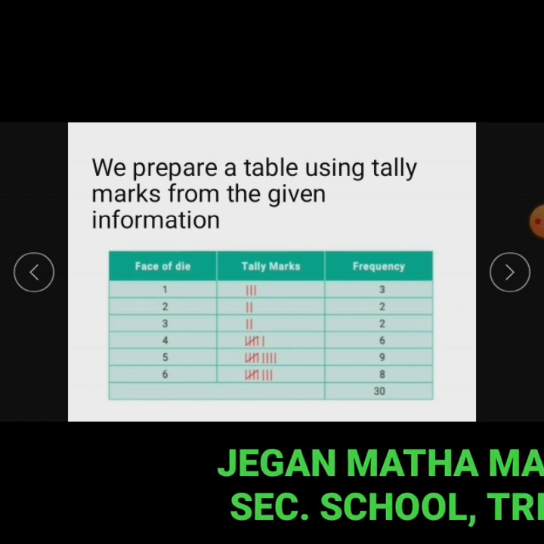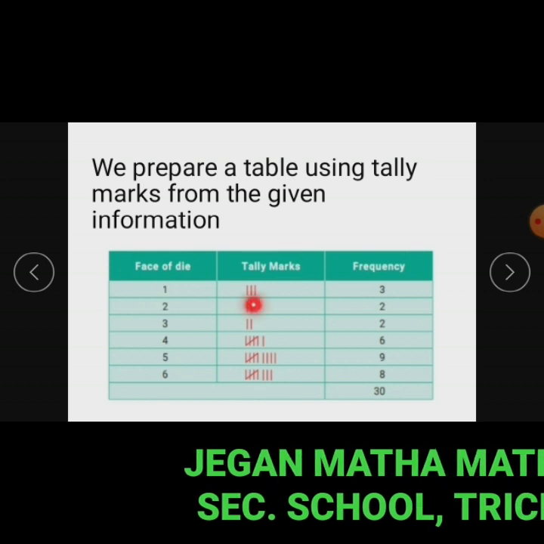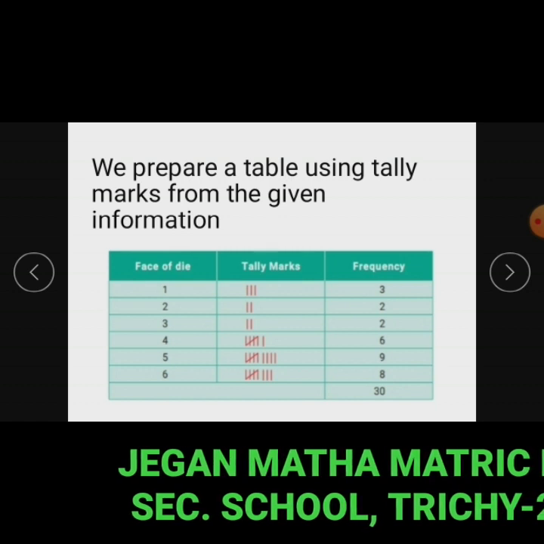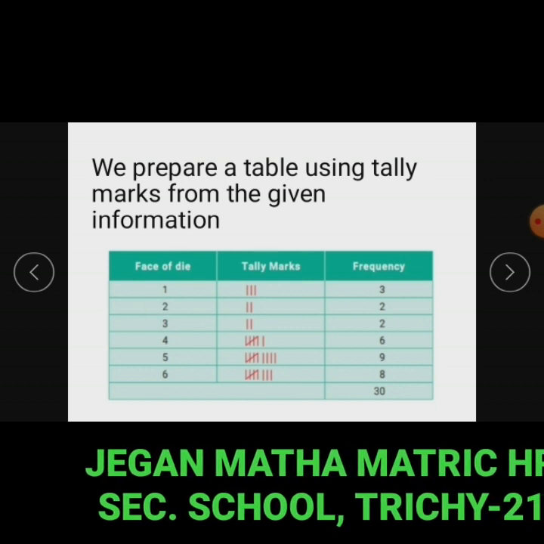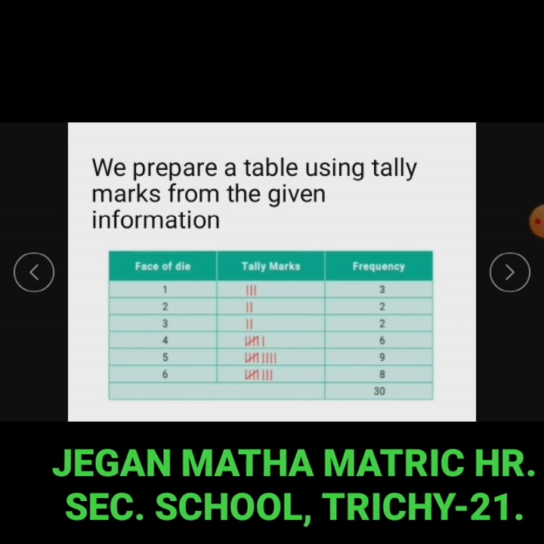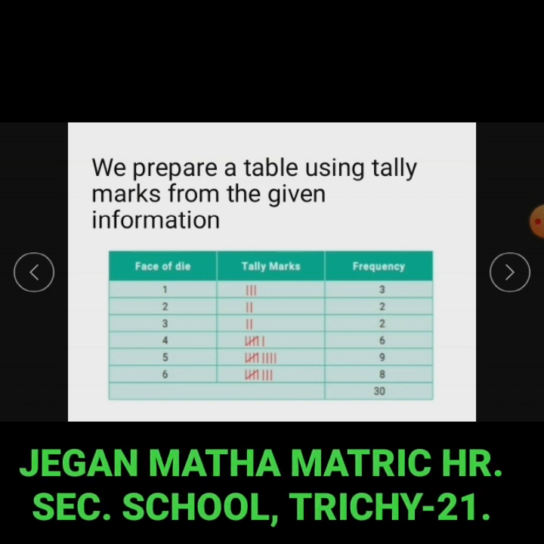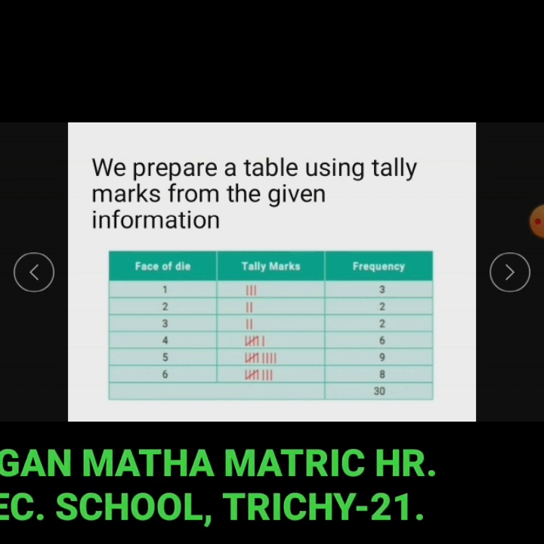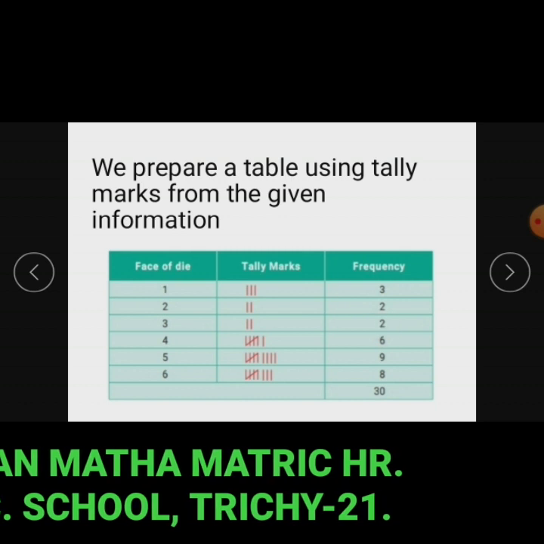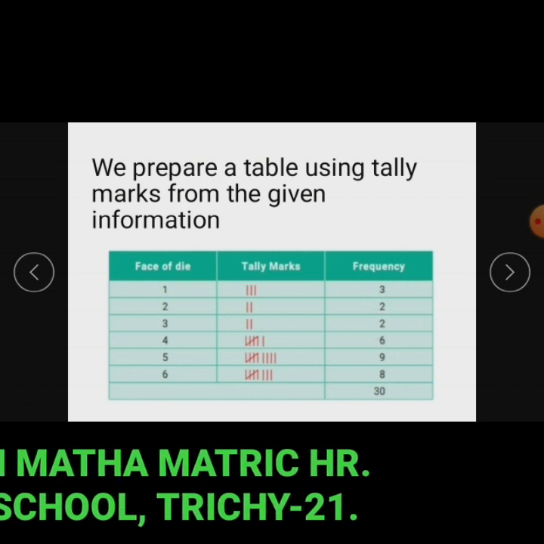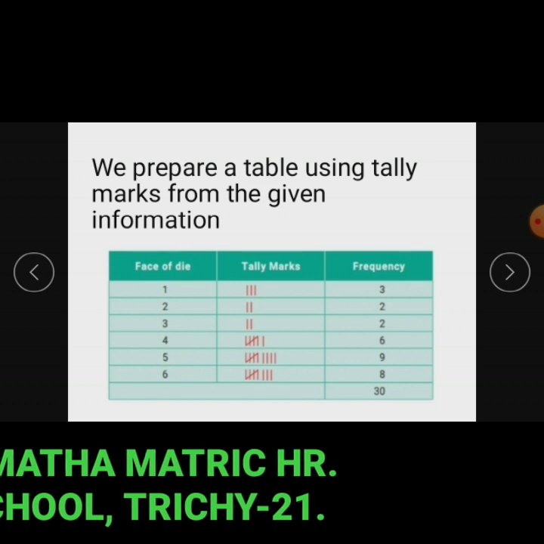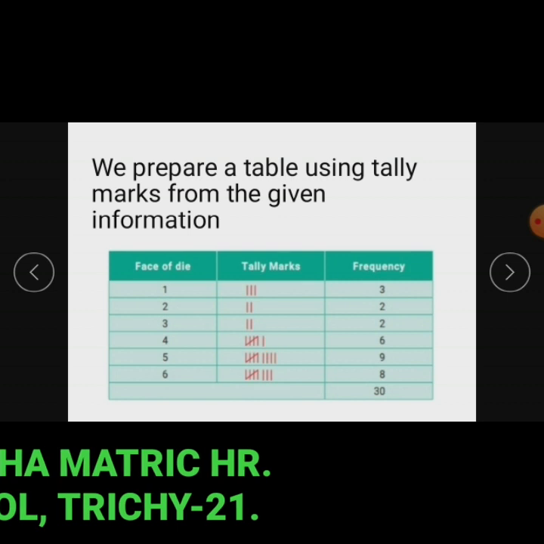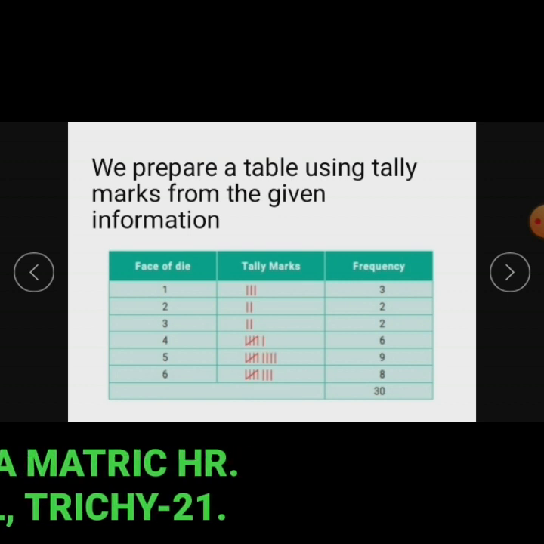Face of die 1, tally marks 3, frequency 3. Face of die 2, tally marks 2, frequency 2. 3, 2 times. The frequency of 3 is 2. Face of die is 4. Tally marks 6.